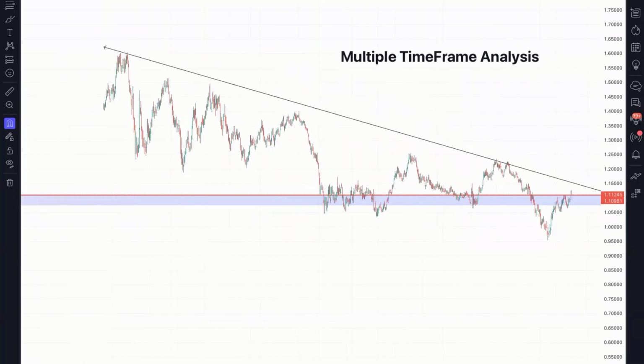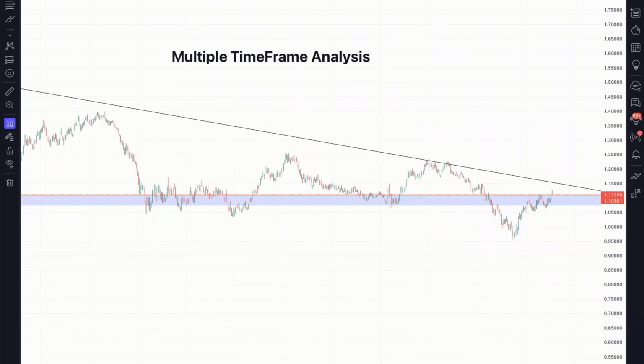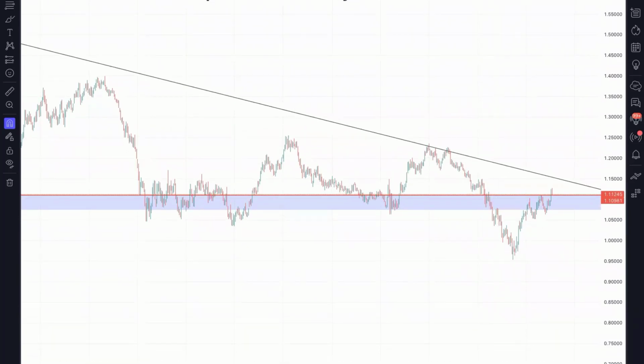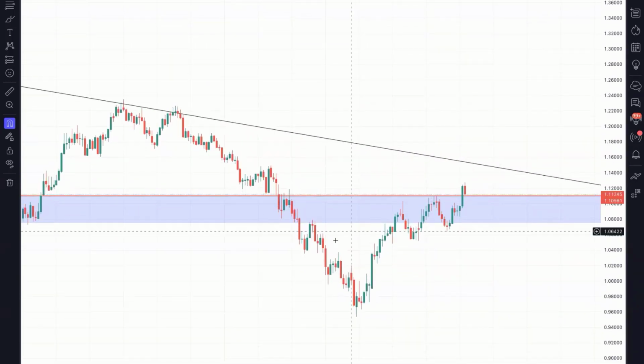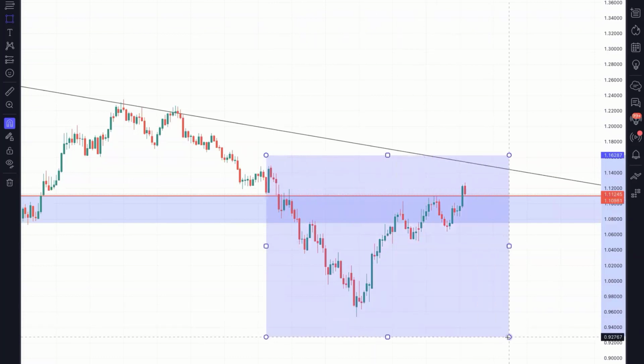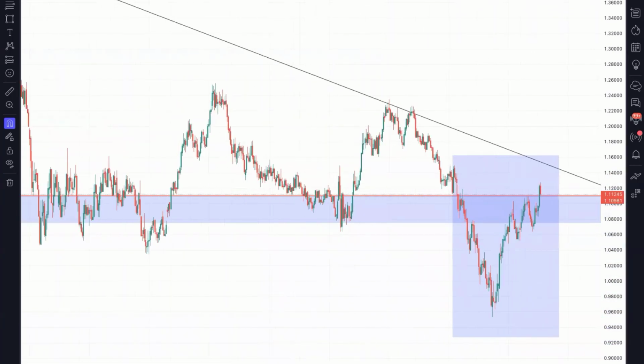Okay, now another thing you should note is what you see on the last few candles, let me make it more contextual for you. What you see from this side is more important than what you see from this side.